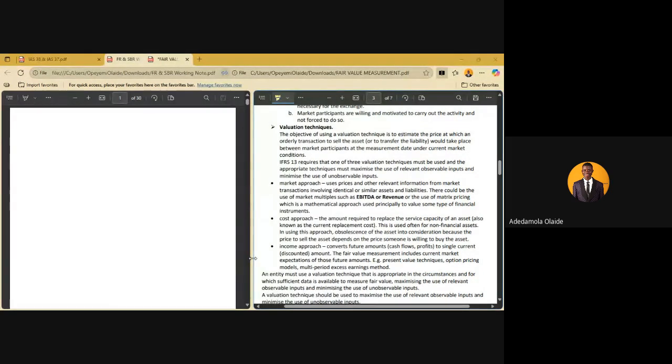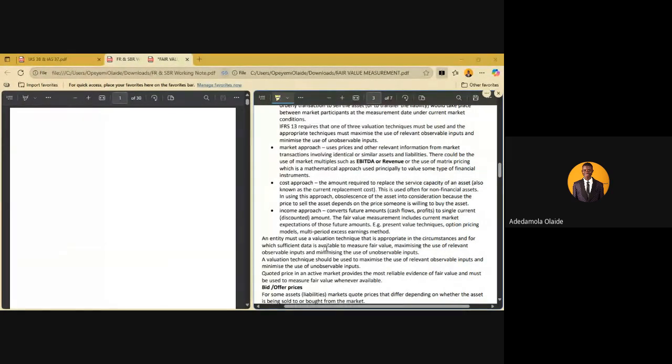We use whichever of these approaches has sufficient data, that can enable us to maximize the use of observable inputs and reduce the use of unobservable inputs.